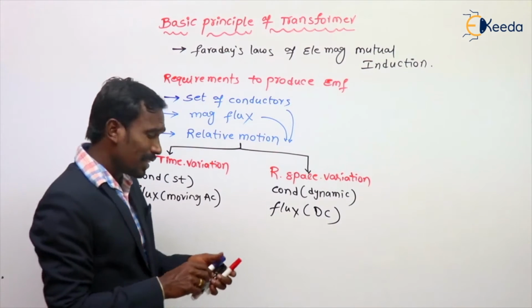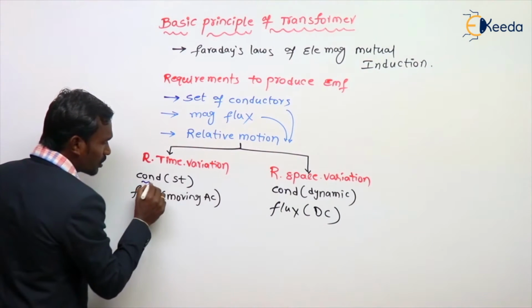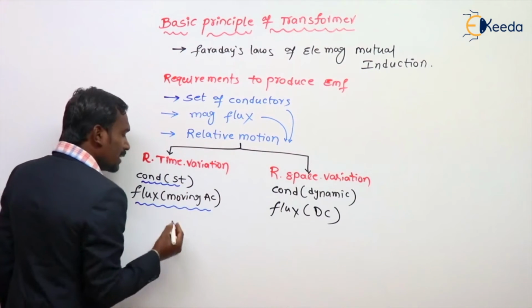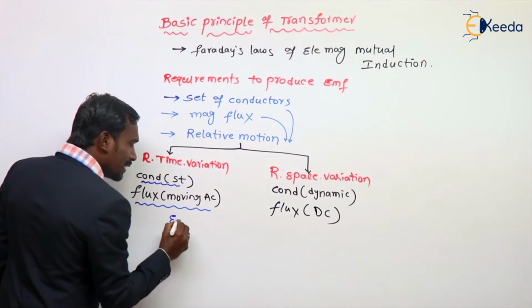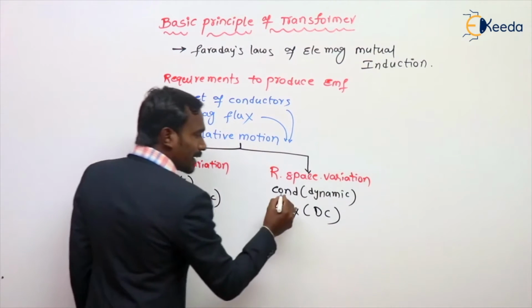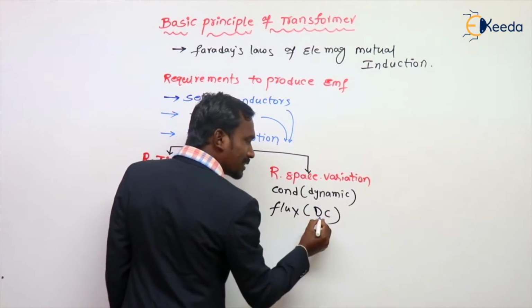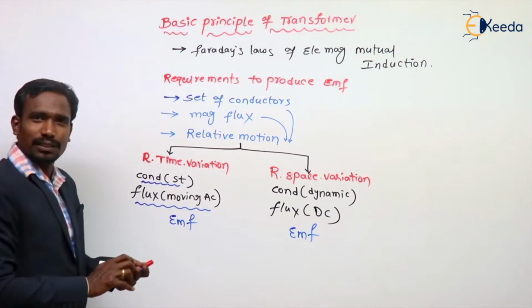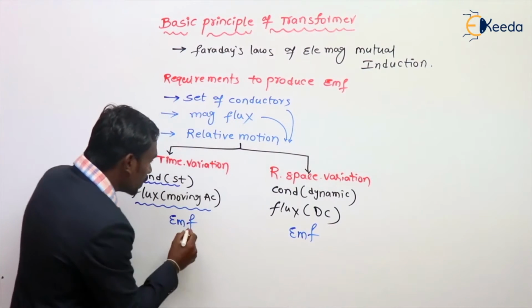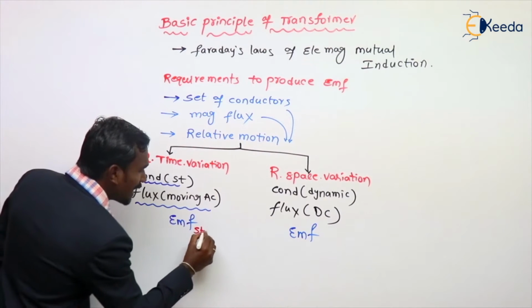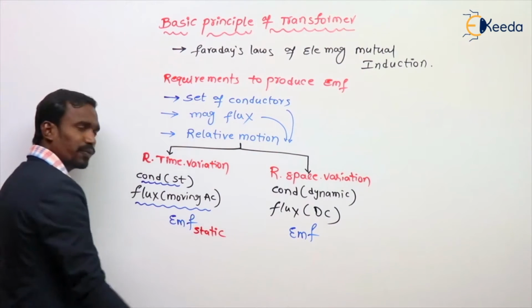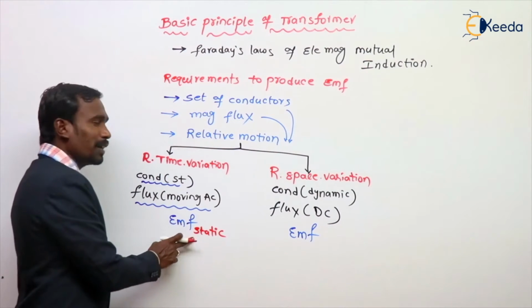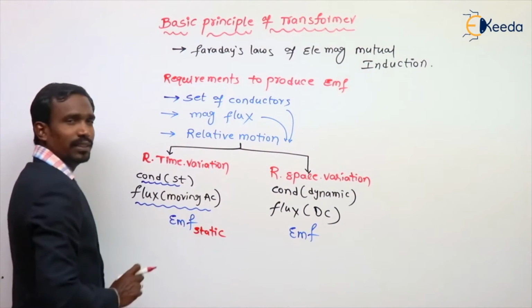Okay? Here the conductors are stationary and the flux is moving, then EMF is induced. Here the conductors are dynamic and the flux is stationary, then also EMF is induced. But the first induced EMF is called static induced EMF, because the conductors are stationary.